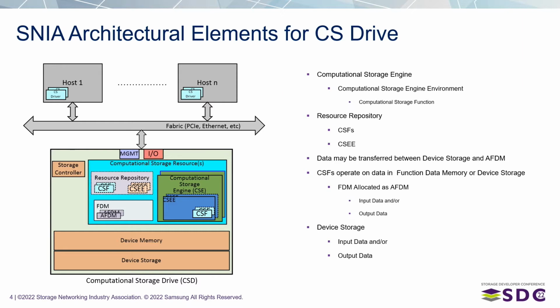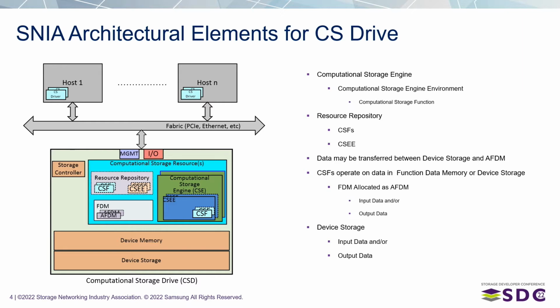The API is protocol agnostic, meaning that it can work with any upper layer protocol, which includes NVMe, which is the first one to be developing that protocol layer, but also CXL, as you've heard at other presentations this week. CXL is a prime candidate for doing computation. That API can be used whether you are doing it to storage or to memory. So the API is agnostic to the underlying protocol.